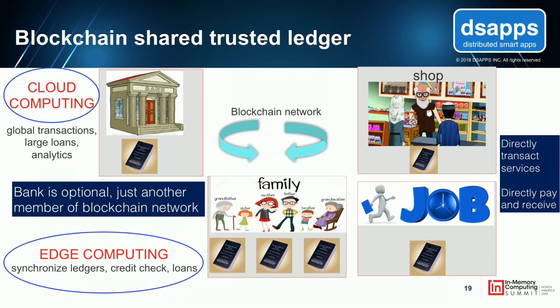So you can now actually set up a blockchain network, and you can directly transact services, directly pay and receive. The bank is no longer a necessary part of commerce, almost. So it's almost like saying, and the bank to some extent represents cloud computing. You don't necessarily need this big institution. You can still do everything just by transacting within the network.